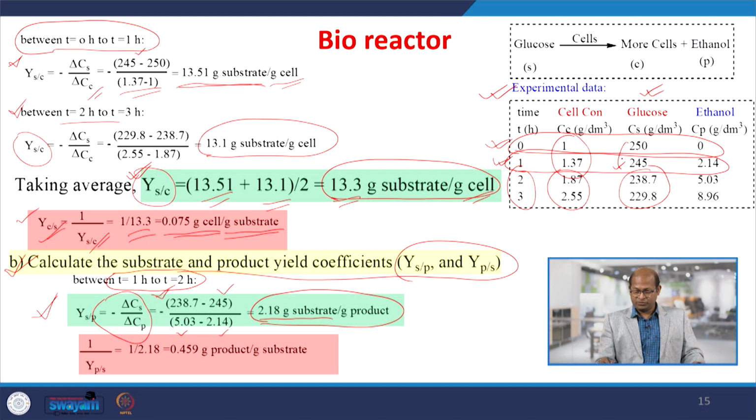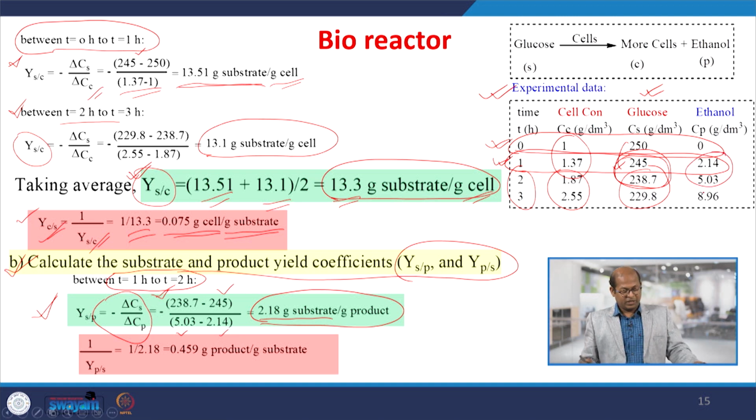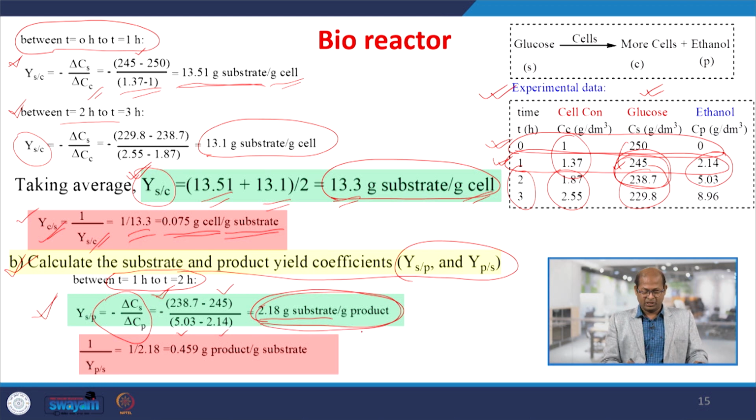For 1 hour to 2 hours, the substrate initially at 1 hour was 245, and at 2 hours 238.7, and the corresponding product was 2.14 and 5.03. So, based on that, the amount of the substrate consumed per gram of the product formation, or yield coefficient YSP, we can find out, or YPS also we can write, that is just the inverse, meaning per gram substrate how much product we can get. So, this way we can interchange from one yield coefficient to another yield coefficient.